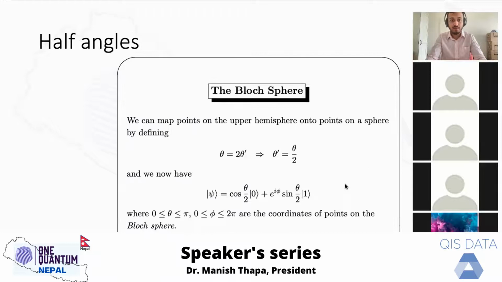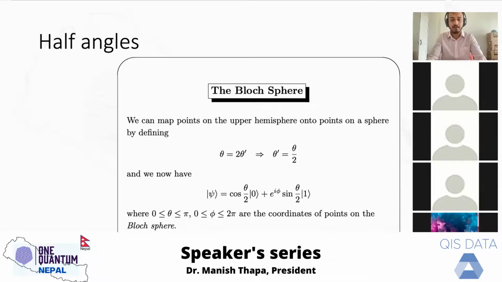Now, so we saw that you can write Bloch sphere in this manner. So with this mapping, you can get all the points on the upper and lower hemisphere. And so this range, theta from 0 to pi and phi from 0 to 2 pi, is going to define all possible states of a qubit, and these states lie on Bloch sphere entirely, right?